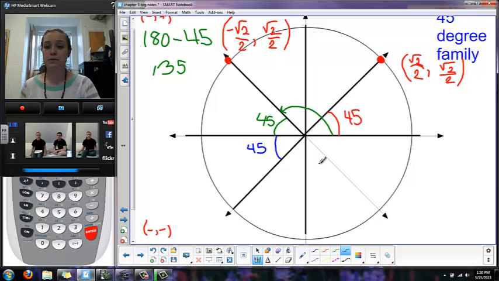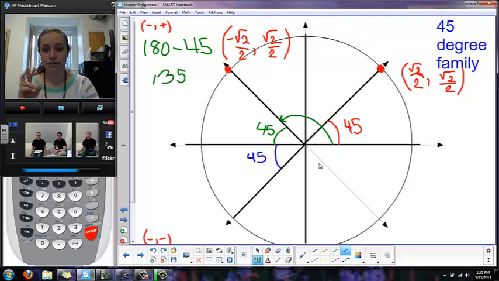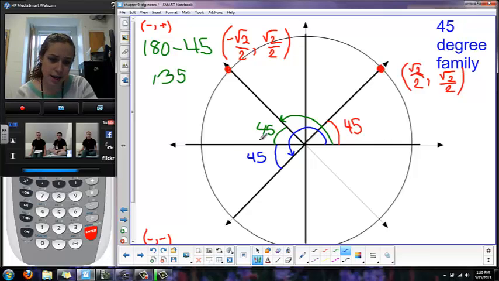I mean, it just helps me figure out what family it's in, but I really want to know what this whole angle is from here to here. So how would I figure that one out? I know that this line straight across is 180 degrees. It's 180 degrees plus 45 more. So 180 plus 45 this time. What does that give me? 225.